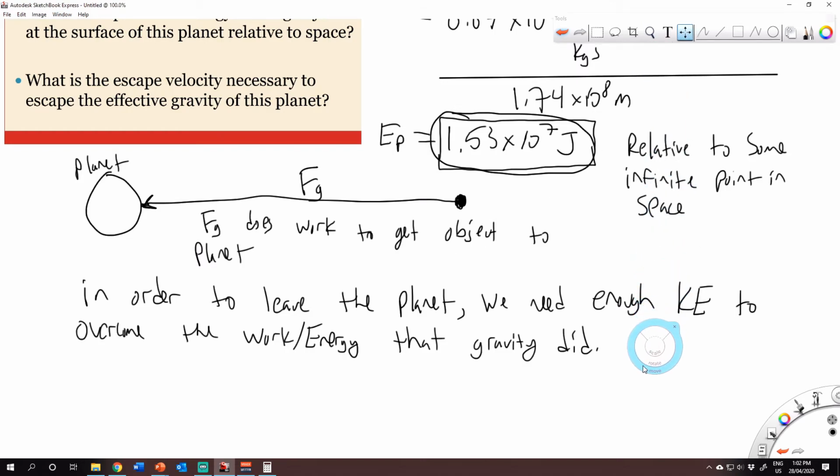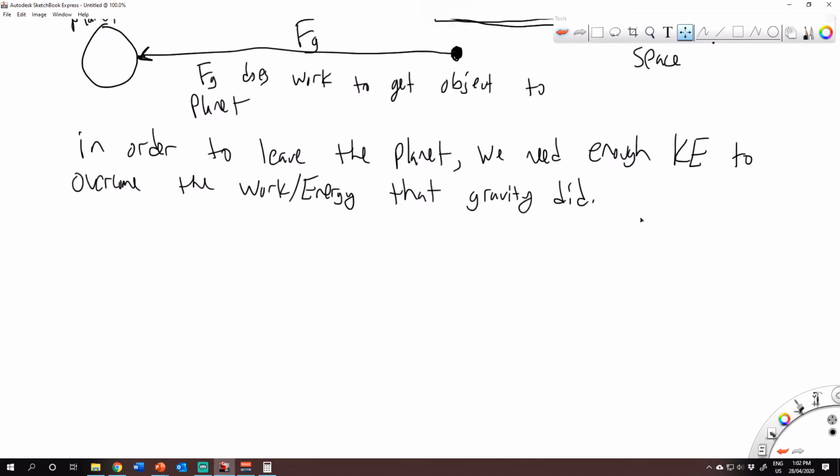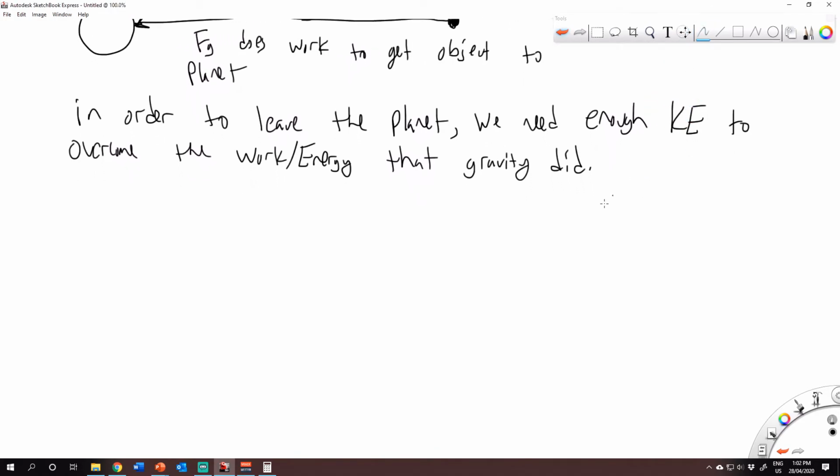Now, interestingly enough, it doesn't matter what the mass of the object is, because the kinetic energy of any object is given by 1/2 mv squared. Then we have to match the gravitational potential energy, or the work done by gravity, which is GMm over r of the planet.